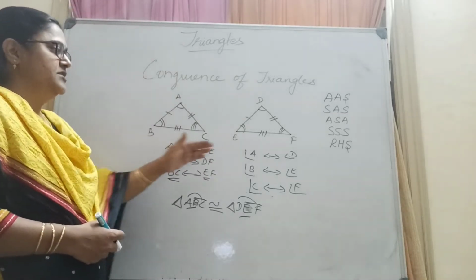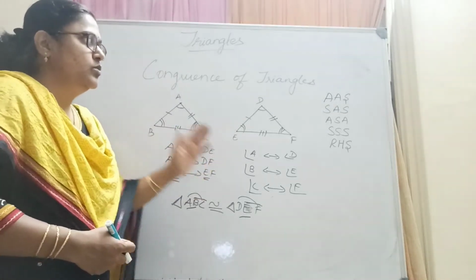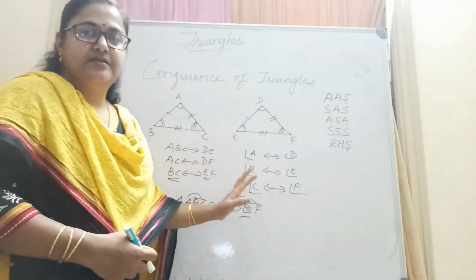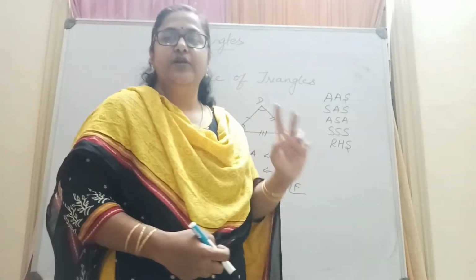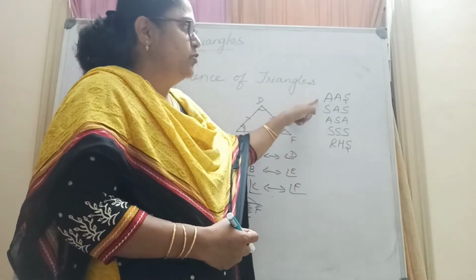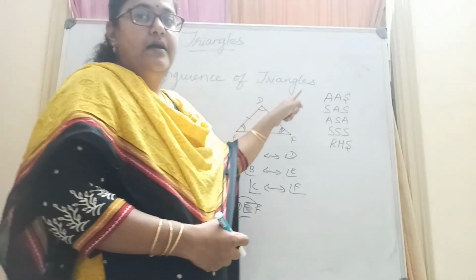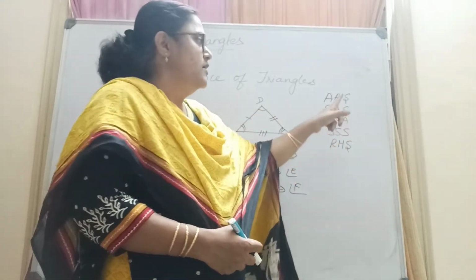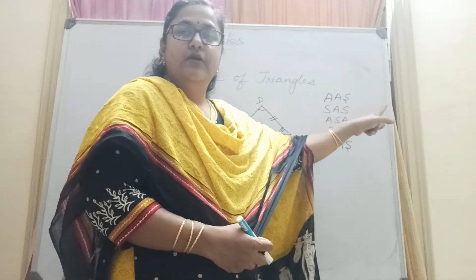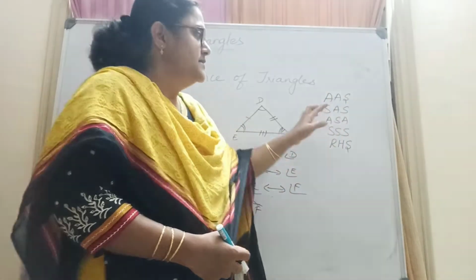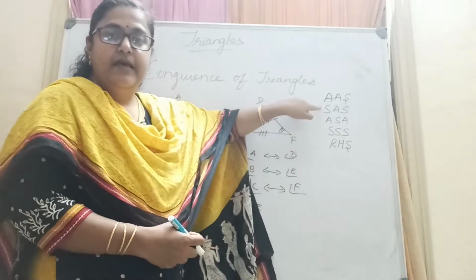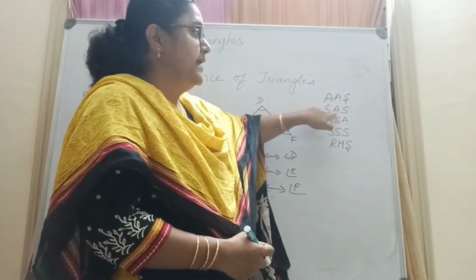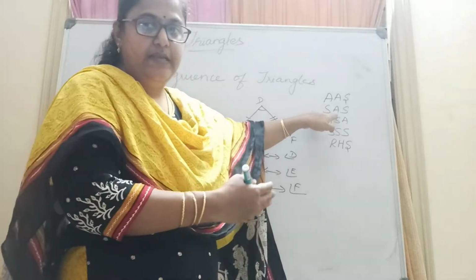We have got 6 informations here to find out whether the two triangles are congruent, right? Now, we are not going to use all these 6 informations at a time. We are going to use only 3 informations, that is any 2 angles of one triangle should be equal to any two angles of the other triangle. Also one side should be equal to the other triangle. Similarly, SAS in the sense two sides and an included angle. This I will explain in detail.